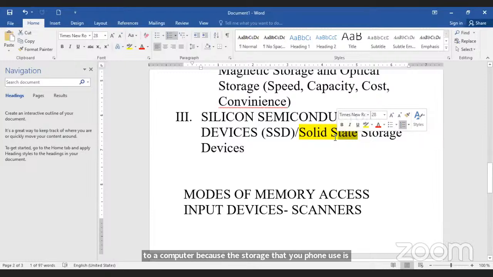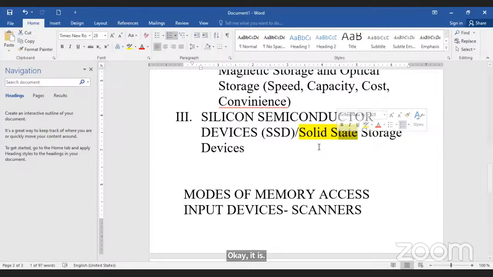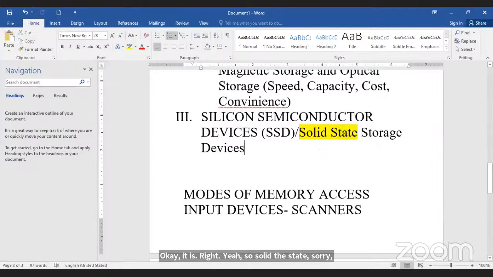So a solid state storage device does not move, and this proves them to be faster, because moving takes time. Solid state storage devices are faster compared to the previous technology.